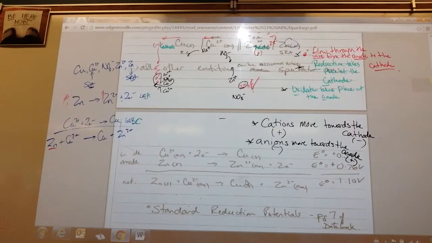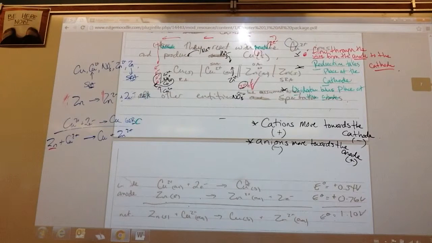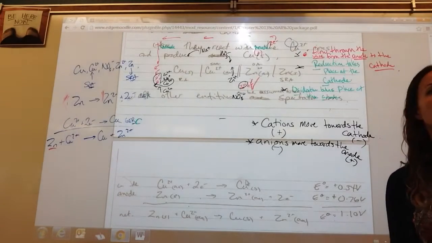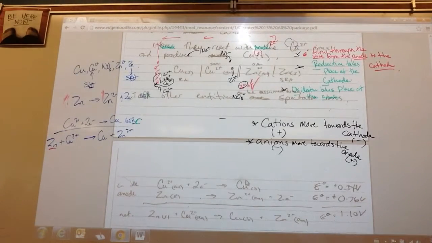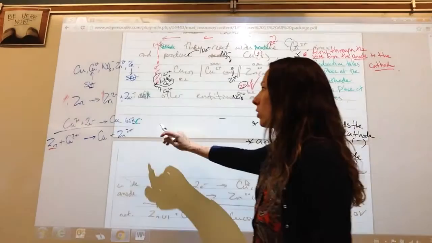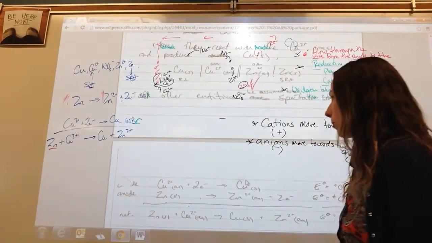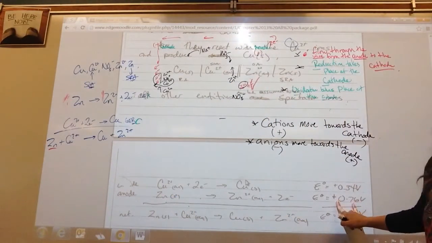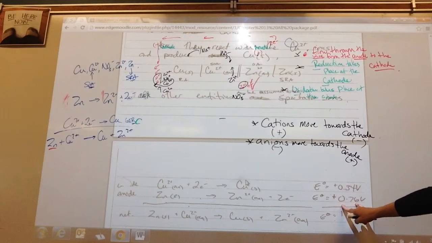So, what's the voltage of this cell? We said it was a voltaic cell, therefore it's spontaneous, therefore it should produce a voltage. Do you remember how to do that? We have to look up the voltage on the zinc and on the copper. The zinc, according to this sheet, is 0.76, but it's negative in your data booklet.